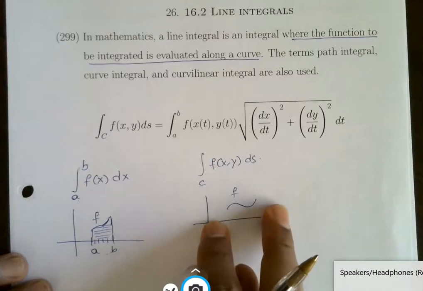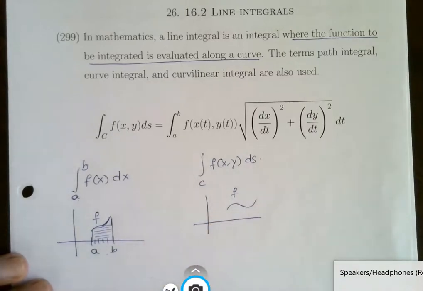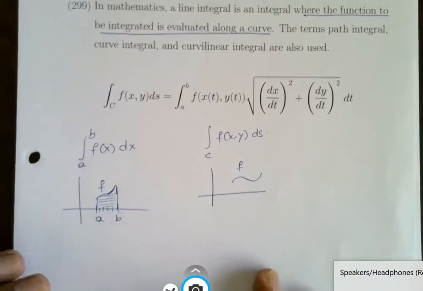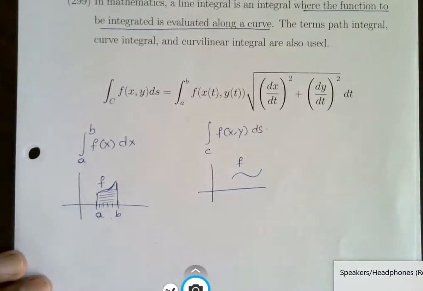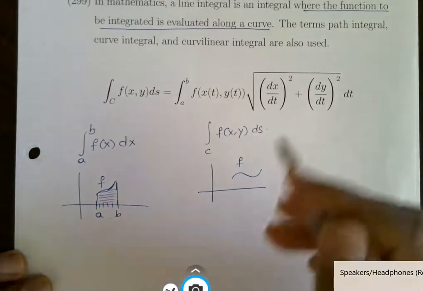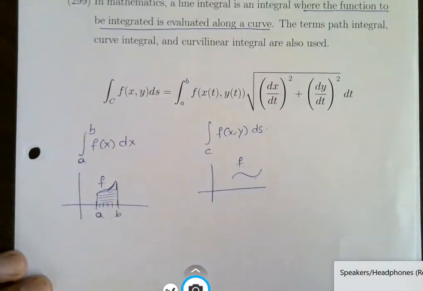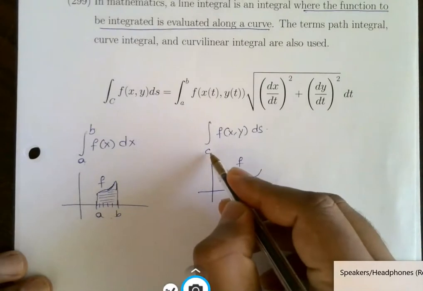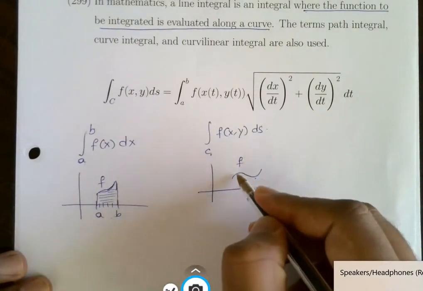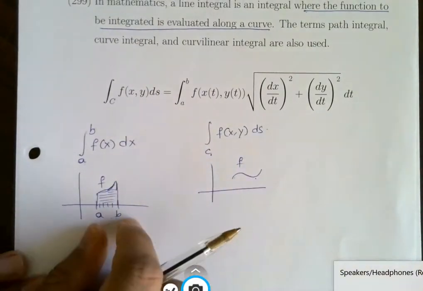It is a curve. That's why some literature refers to it as a curve integral, but we refer to it as line integral. Here the C is the domain, so we are integrating the function on the curve, not on the interval.